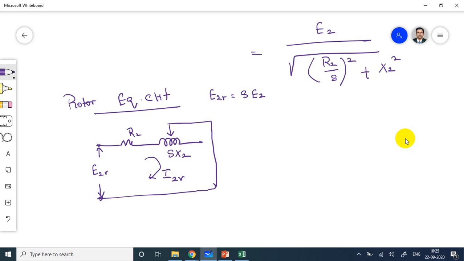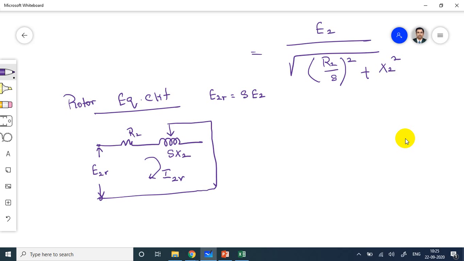Now instead of this E2R, because in the primary side it is E1, in the secondary side also we have to represent E2, but the rotor is running. Because the rotor is running, E2R is coming. Now you are going to stop the motor. You are giving the supply, but the motor should not run, because you are applying the load.